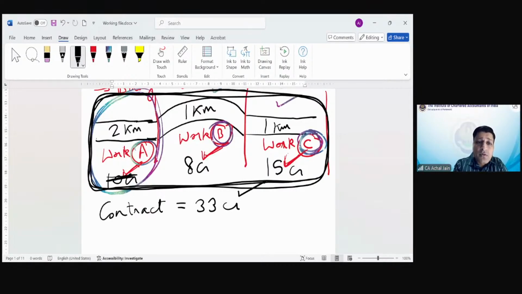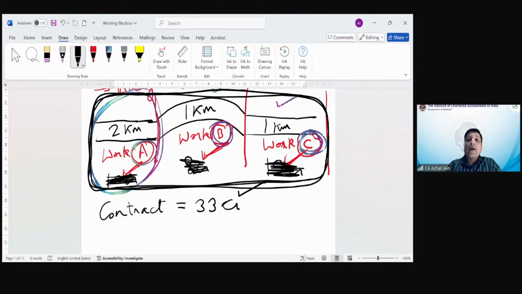Let's suppose you didn't have these separate amounts. Three different activities were specified, but the contract was executed for a single amount, 33 crore.